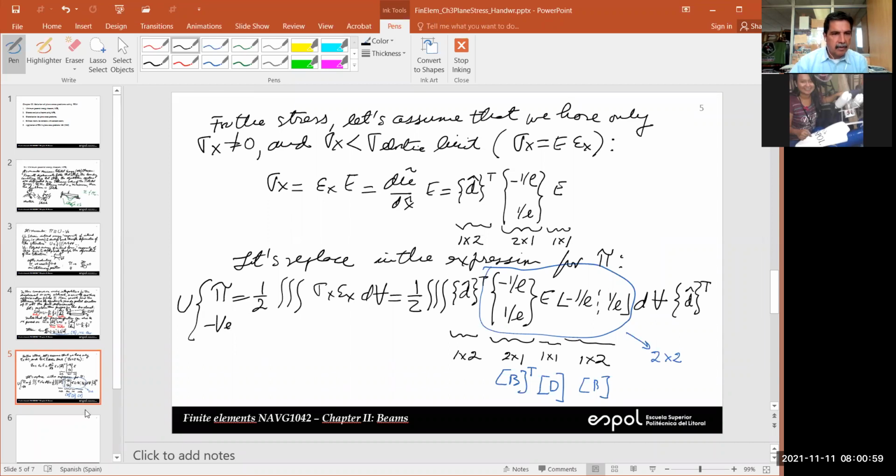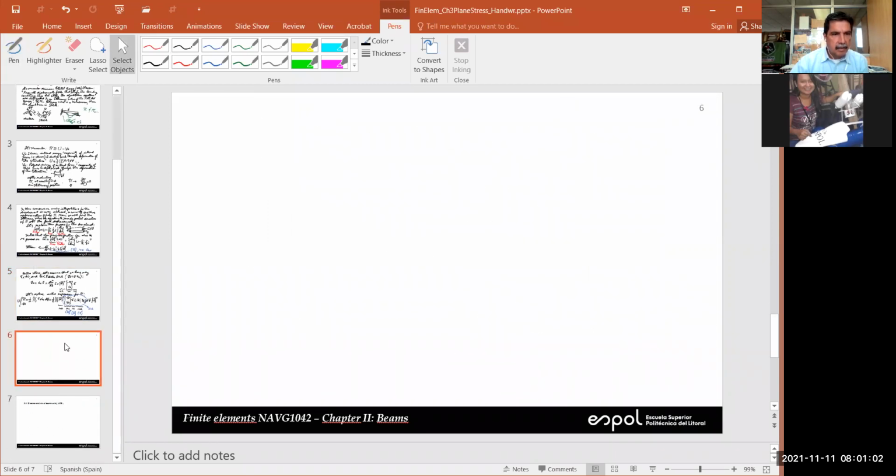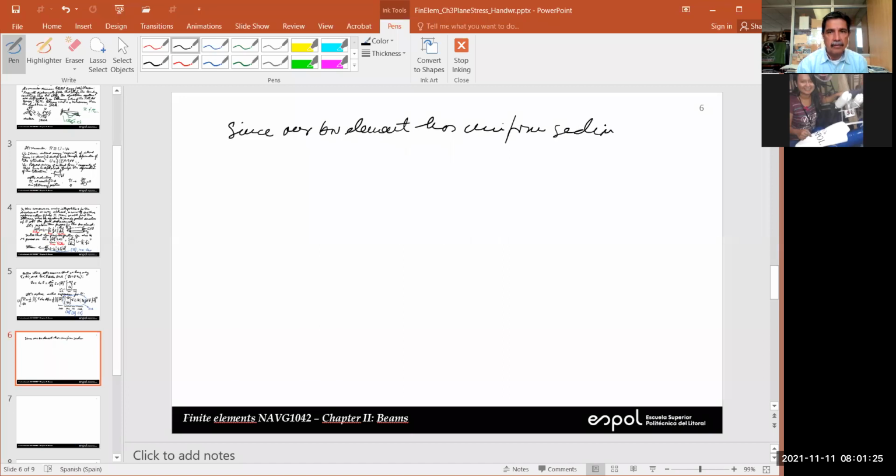Okay, so I'm going to say that, since our bar element has uniform section, the integration produces, so the u is going to be equal to 1/2 the displacement.